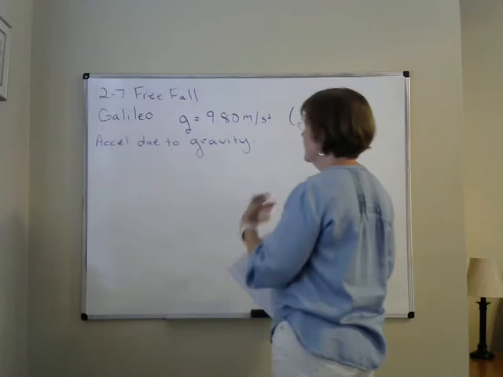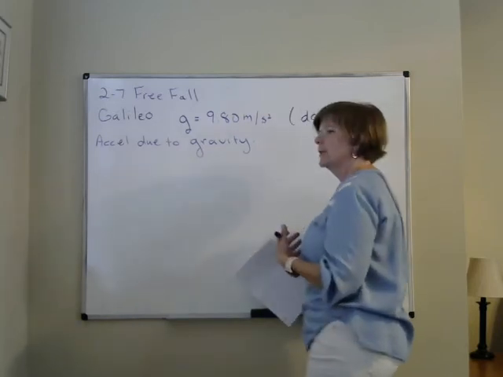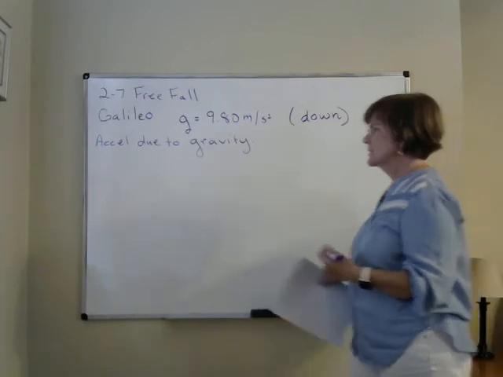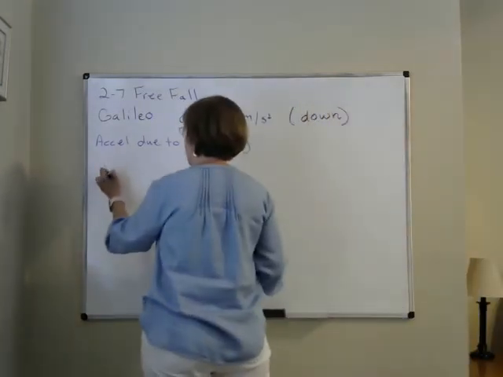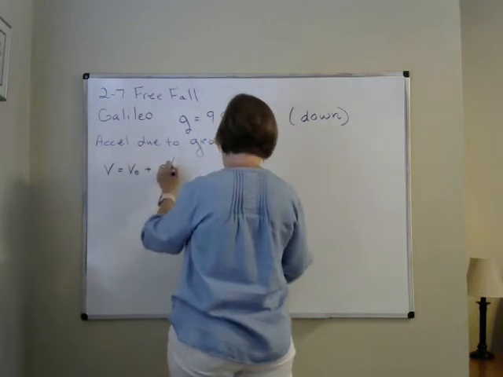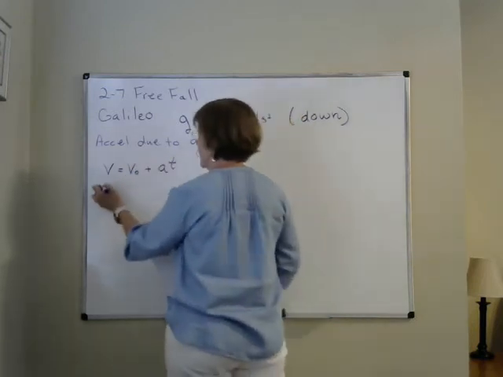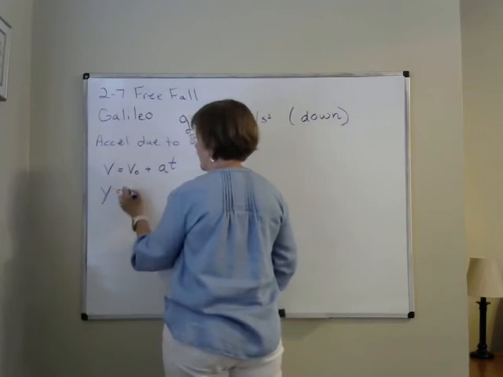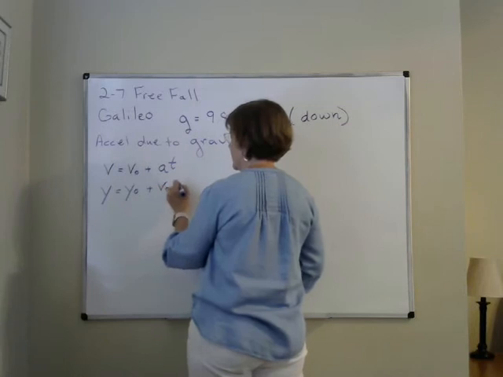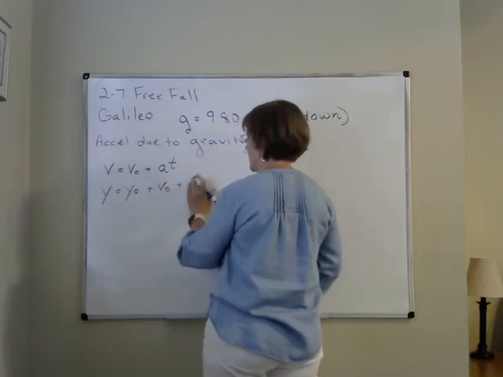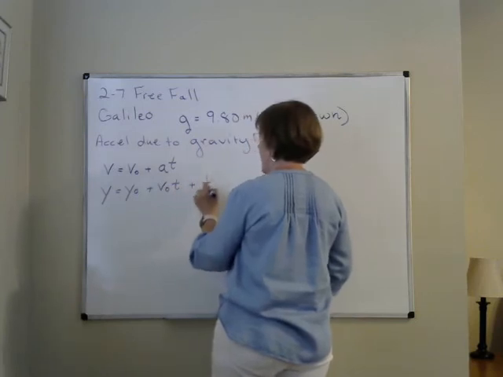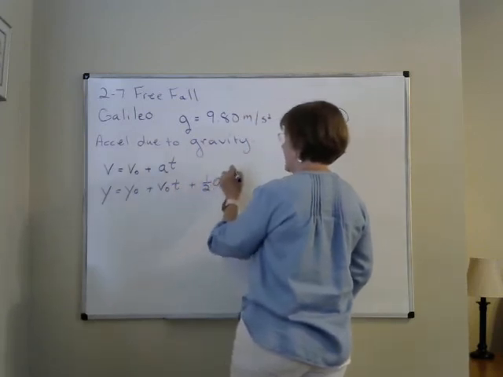If we take the same formulas that we had earlier when we were talking about constant acceleration, this is constant acceleration. So we still have v equals v0 plus at. But now instead of x, we usually use y. So y equals y0 plus v0t plus 1/2 at squared.